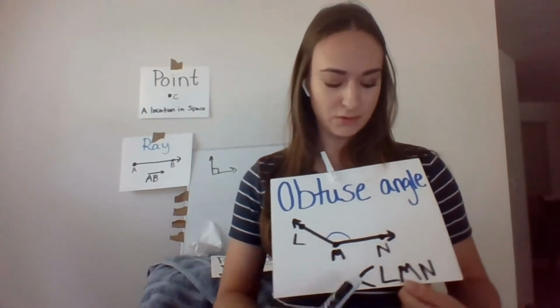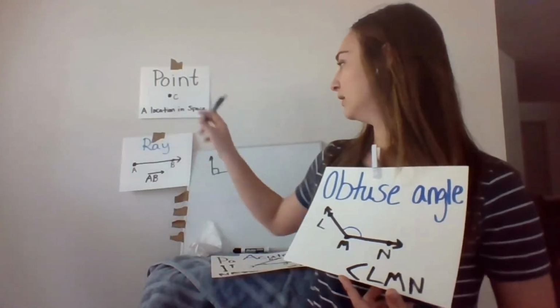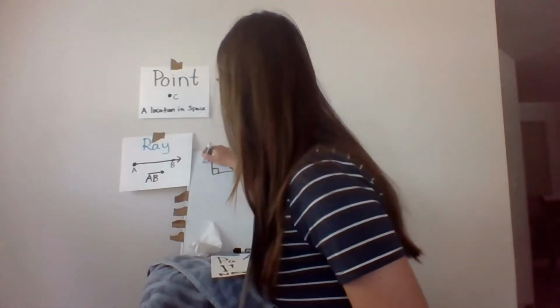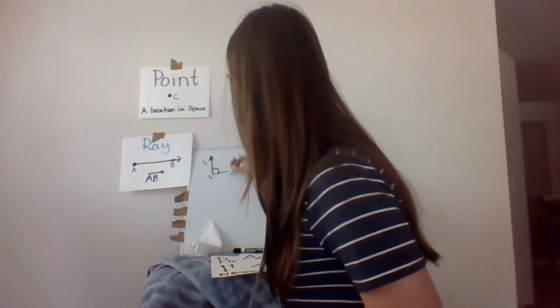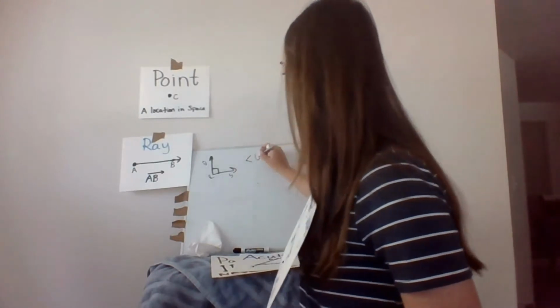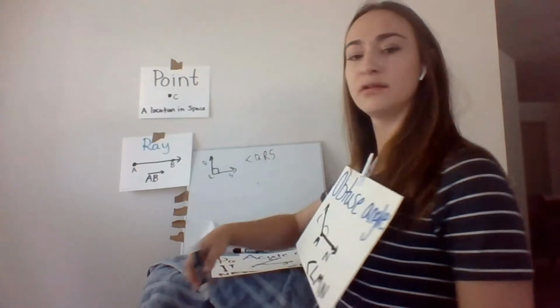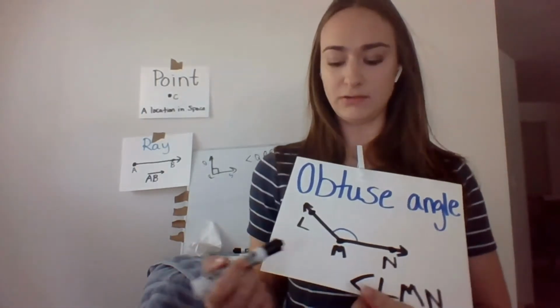In the same way we denote our angle here with Q, R, S, we went angle QRS. Look how we write this angle.